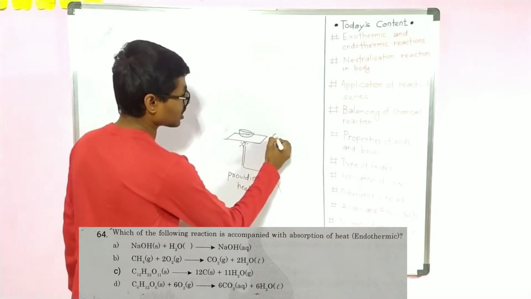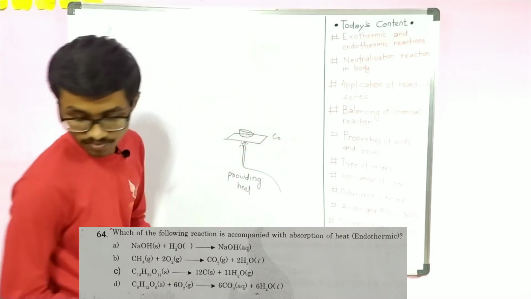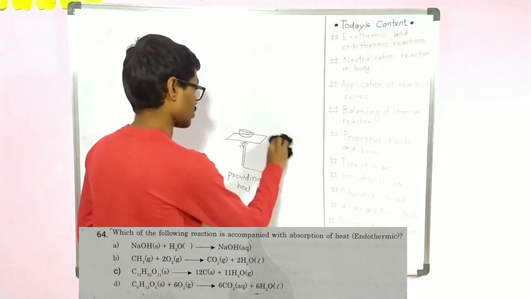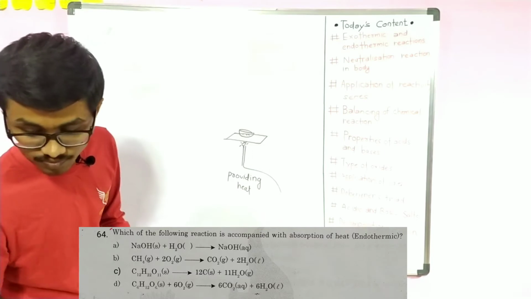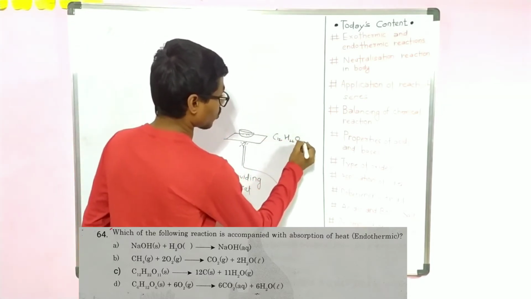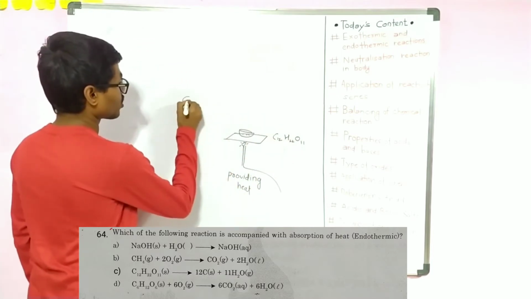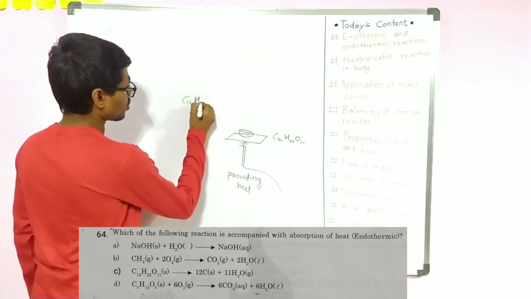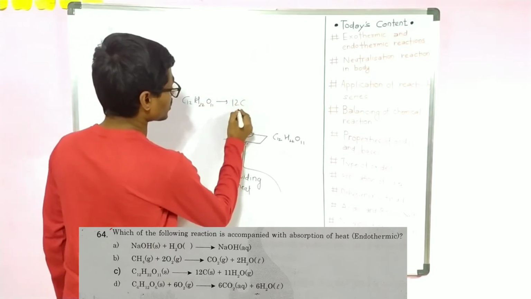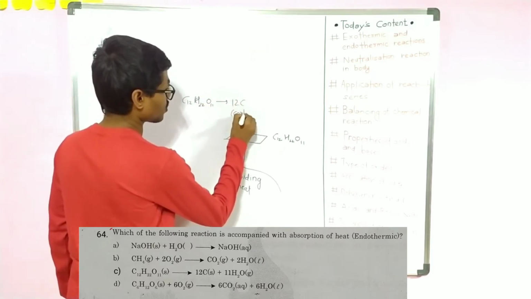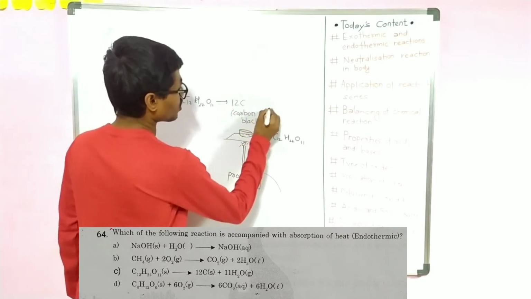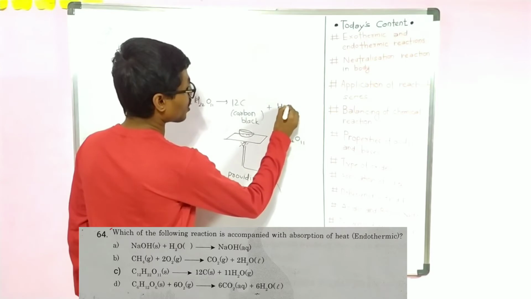Here sugar is there. Now when we heat it, we get carbon black, and along with it water will be vaporized.